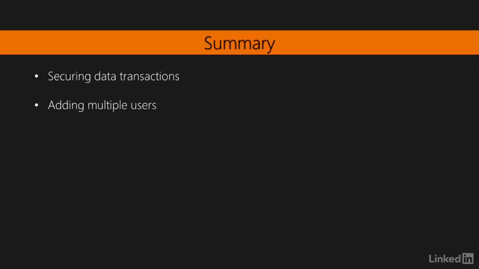Okay, so we were able to secure our data transactions, meaning that our insert statement is now secure. You have to be a logged in user in order to create any kind of record inside of our snippets data collection. And we added an owner parameter so that when you create any kind of content or any snippet, that snippet belongs to you.